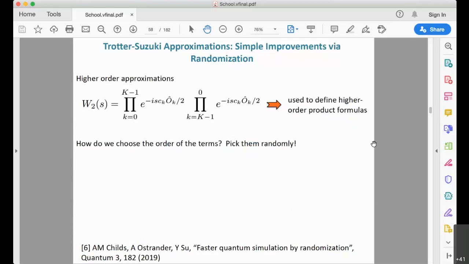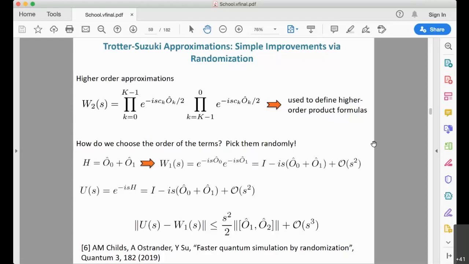There is some arbitrariness in how you can choose the order of the terms in your Hamiltonian. So the idea of this paper is basically, pick them randomly, okay? And if you pick them randomly, it's interesting, but you improve the error bounds, all right? So here is a simple example of why this works. Take again the first order approximation, all right?